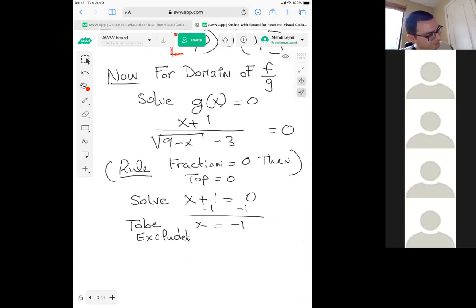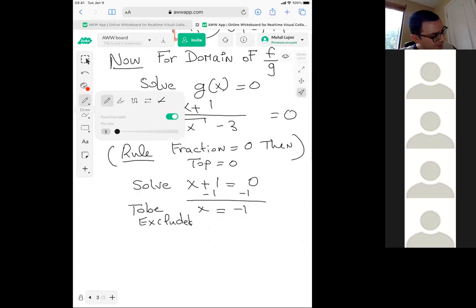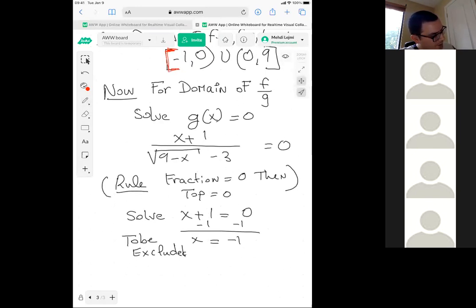So the domain of f over g is, we're going to exclude the -1.